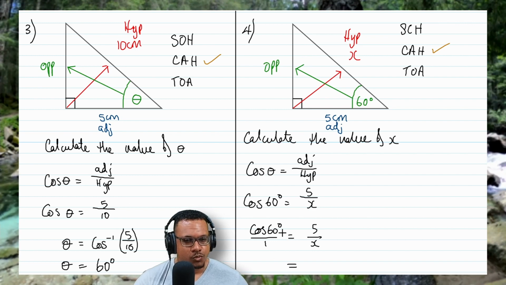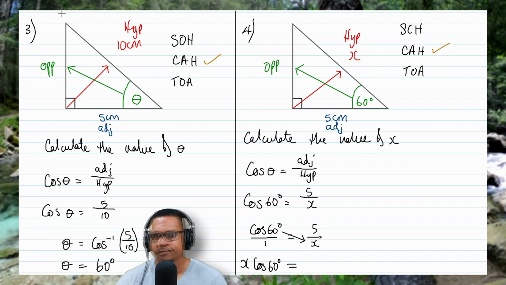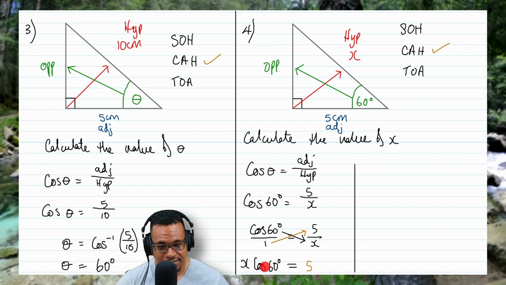So when I multiply this cosine 60 by x, I'm going to get x cosine 60 degrees. And when I multiply this 1 by 5, I'm just going to get 5. So now if we have x multiplied by cosine 60 is equal to 5, and we want to find this x, I need to transfer this cosine 60 across the equal sign. Now remember, cos doesn't exist by itself. It must be cos of an angle.